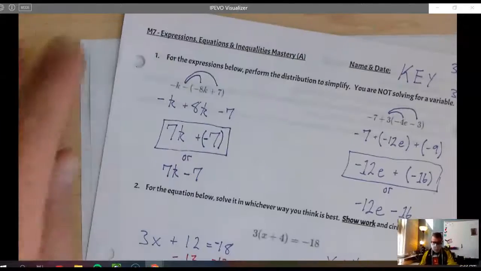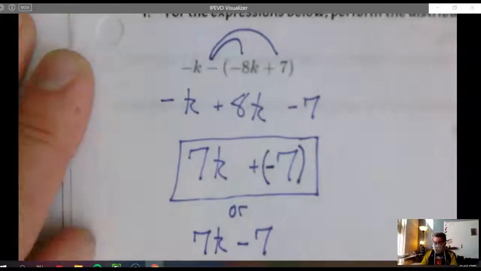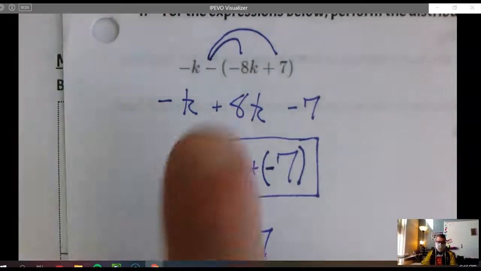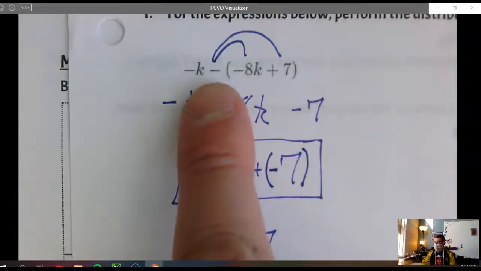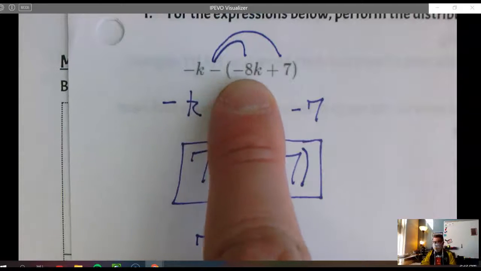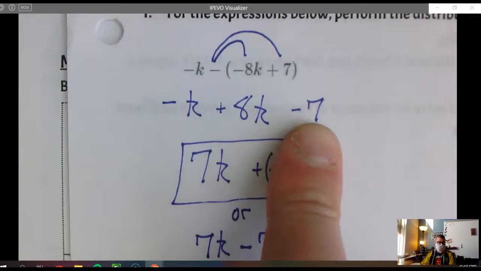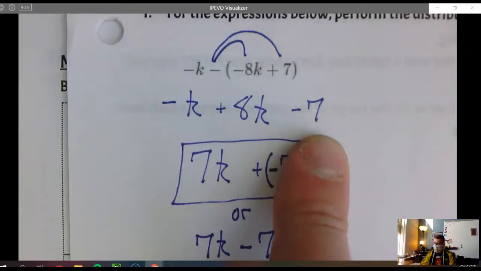So when we distribute, the negative is what's getting distributed here, guys. So please check your work. We're distributing the negative to make everything in the parentheses the opposite of what it was. 8k becomes positive, 7 becomes negative.